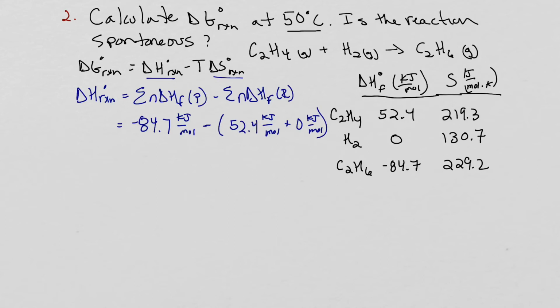Now notice all of these have a coefficient of 1, so we don't have to multiply by any of these things, but if we did have coefficients, we would have to multiply them by all of these.